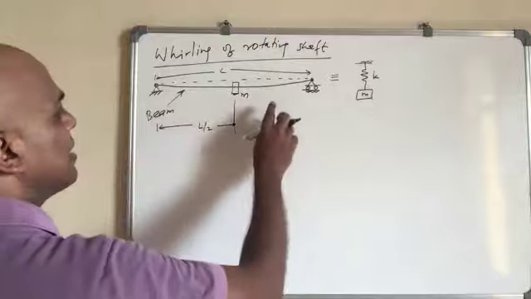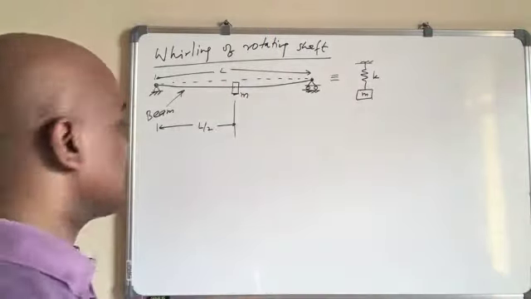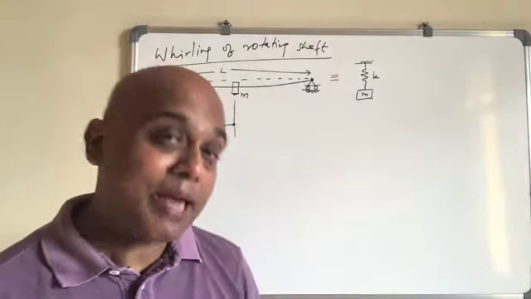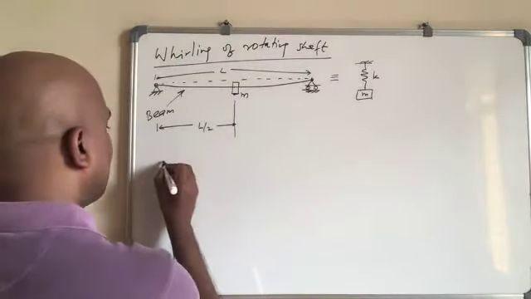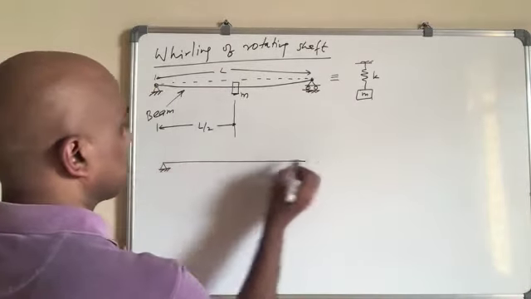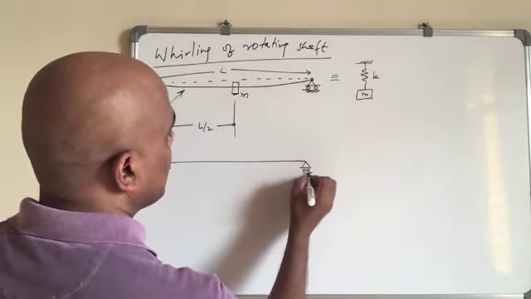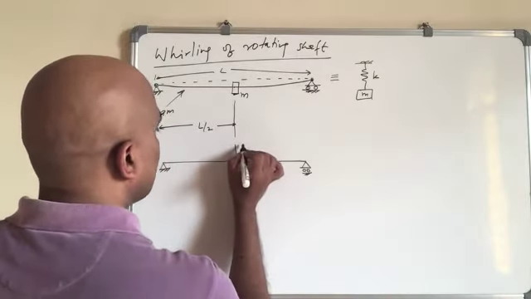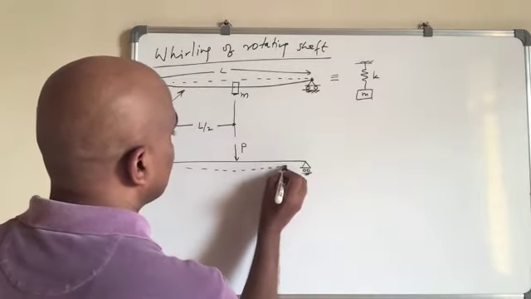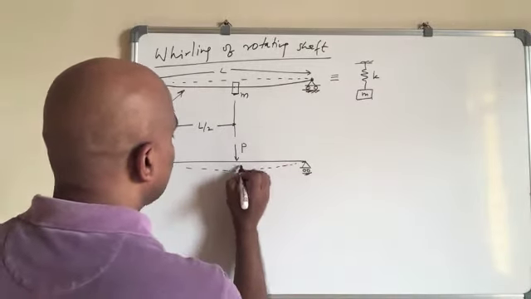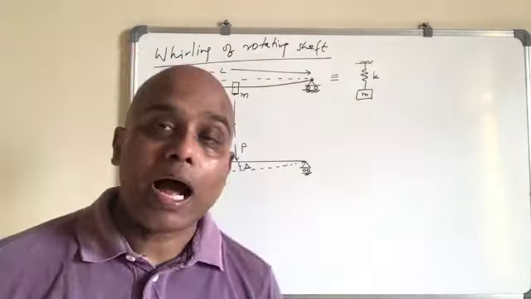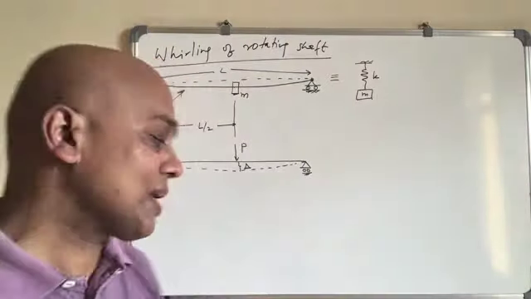Now what will be the K in this case? Then you have to go back to the solid mechanics course that you had. If this is a beam like this, and in the middle you have a force P, and because of that there was a beam deflection of delta, how can you find delta?